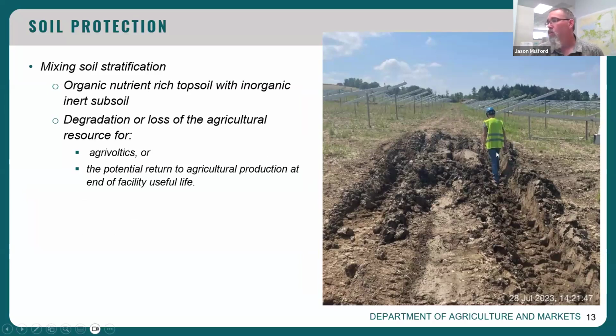This woman is average height, but we have ruts up to her thigh, and you wouldn't expect that for a development that's supposed to be low impact, but this is real. This is what happens. And so we're concerned about the loss of the agricultural resource, mainly in that topsoil layer, not only for potential agrivoltaics, but also for that decommission potential, that return of agriculture.